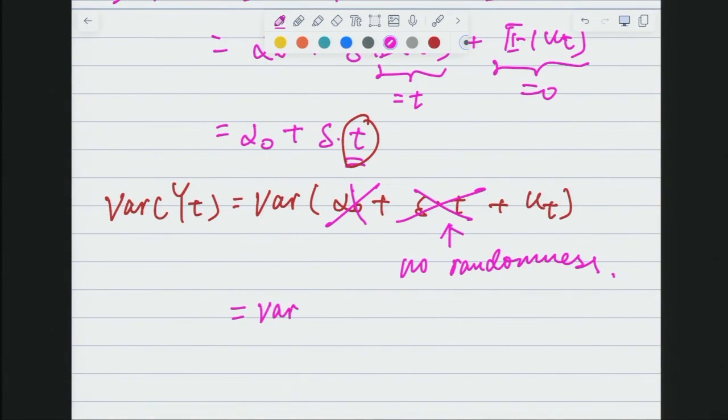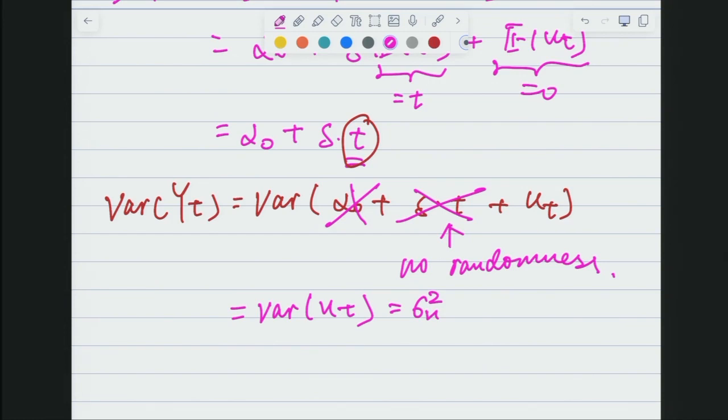Therefore, the variance of the deterministic trend series is just equal to the variance of the shock, which is sigma square u, and this is constant over time. So the deterministic trend model has a time-dependent mean, but constant variance. Okay?